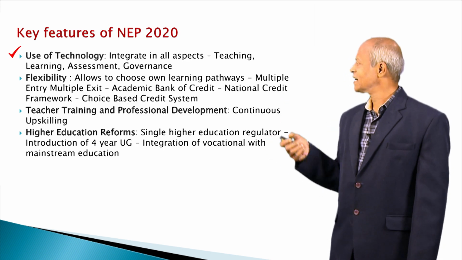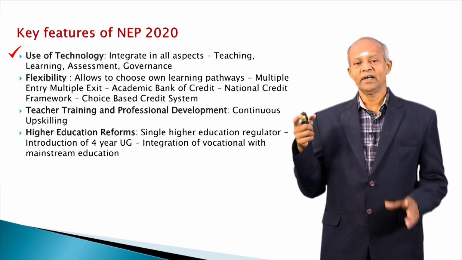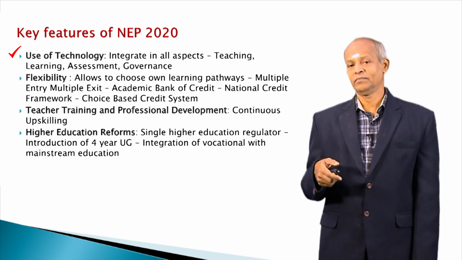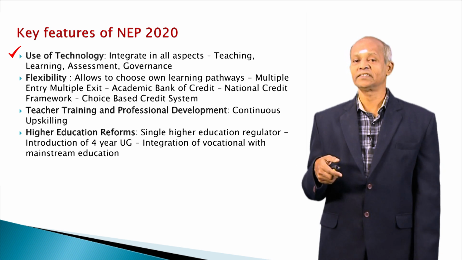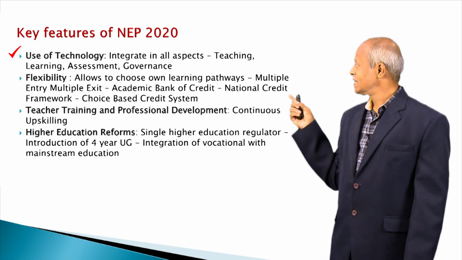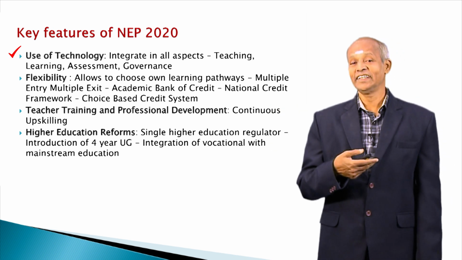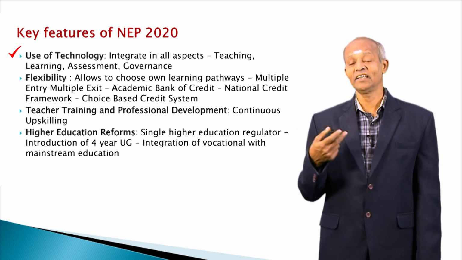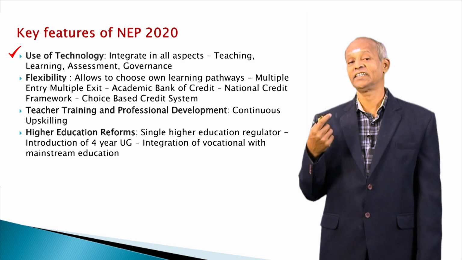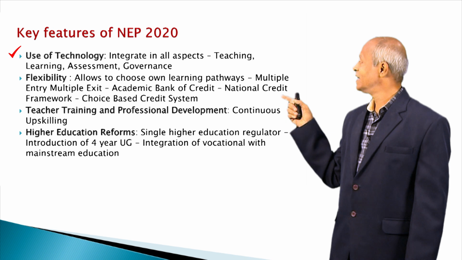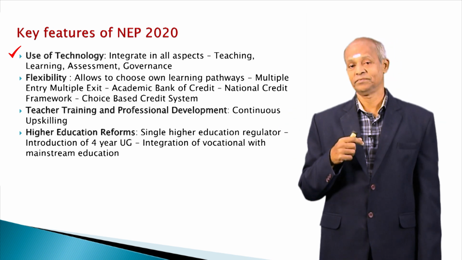And then the use of technology, because nowadays we are living in a technology era, the 21st century is a technological era, and so technology should be integrated. It is not just using technology; you have to integrate technology in each and every aspect of your life or your education, that is called technology integration: teaching, learning, assessment and governance.